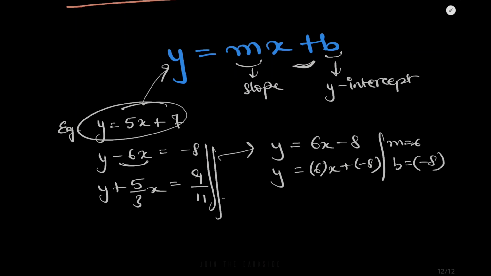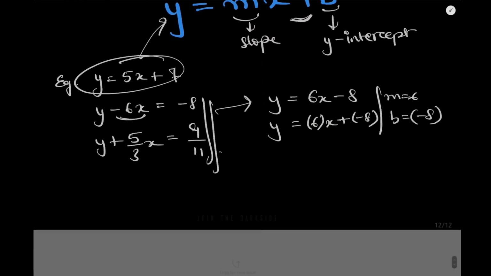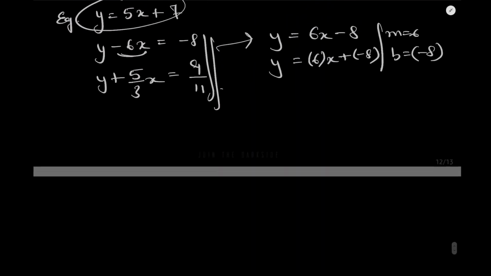Remember, if you have an equation where it is minus b, the line cuts the y-axis on the negative part. We'll see that while plotting. Likewise the second one can be done the same. Try it yourself first and then look at the answer.